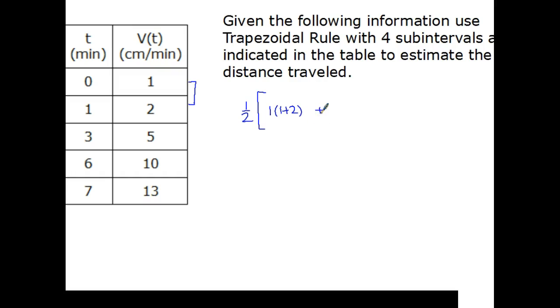The second trapezoid would have a height of 2, and you have to add 2 plus 5. The third trapezoid would have a height of 3, and it's 5 plus 10. And then the last one has a height of 1, and it's 10 plus 13.